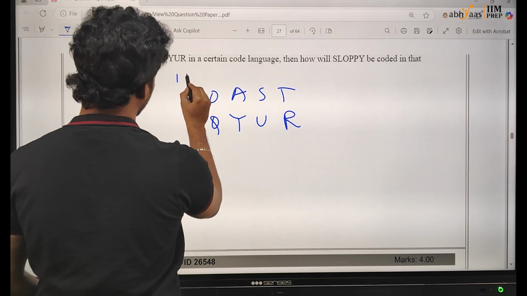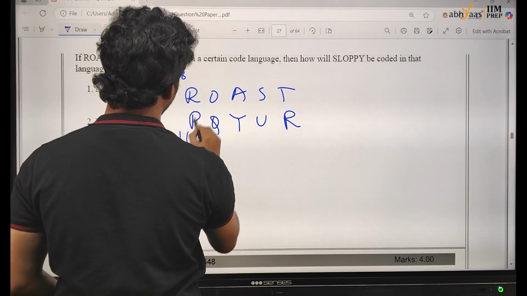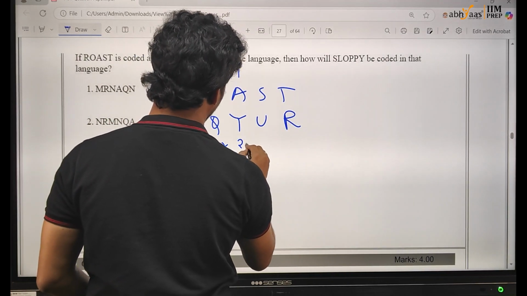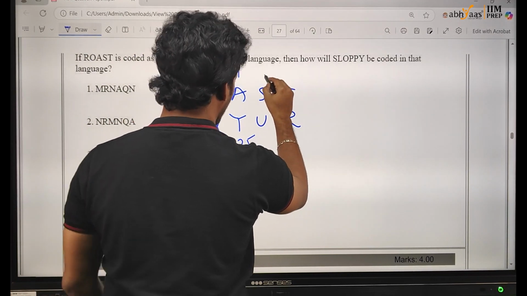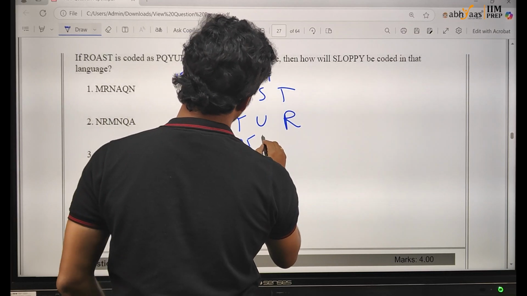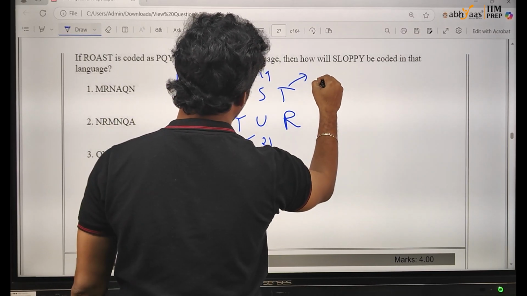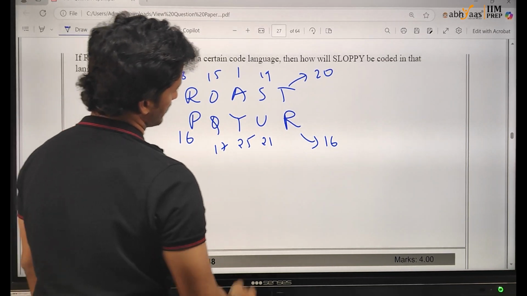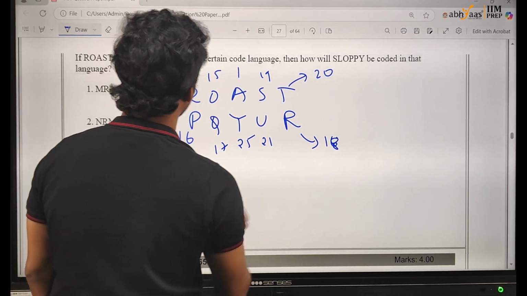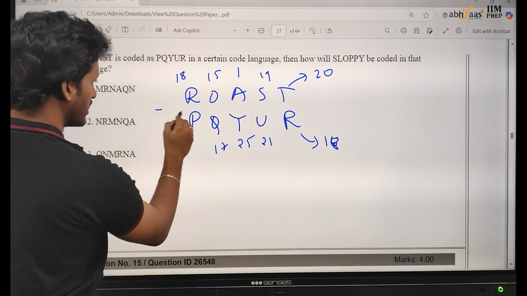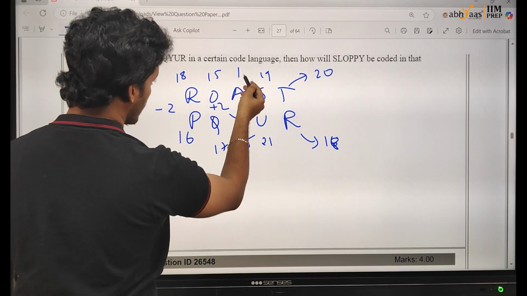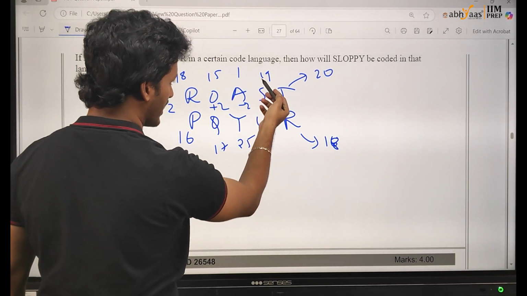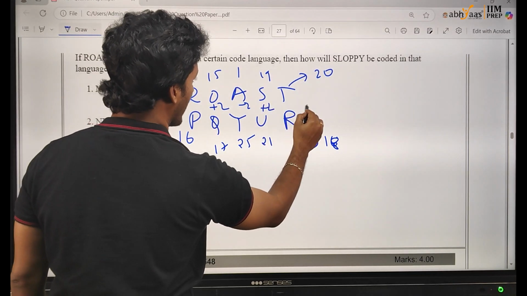R is 18, P is 16, O is 15, Q is 17, A is 1, Y is 25, S is 19, U is 21, T is 20, R is 18. So everything is minus 2, plus 2, minus 2, going back. Okay, the reverse rank is 25 and yes, it's 2, and plus 2 and minus 2.